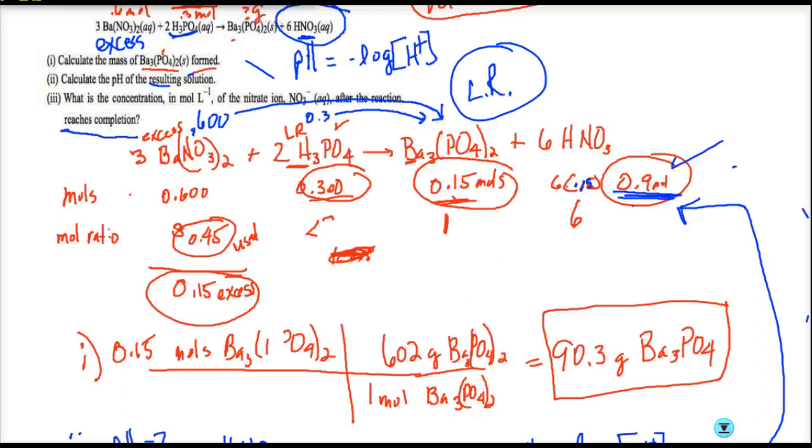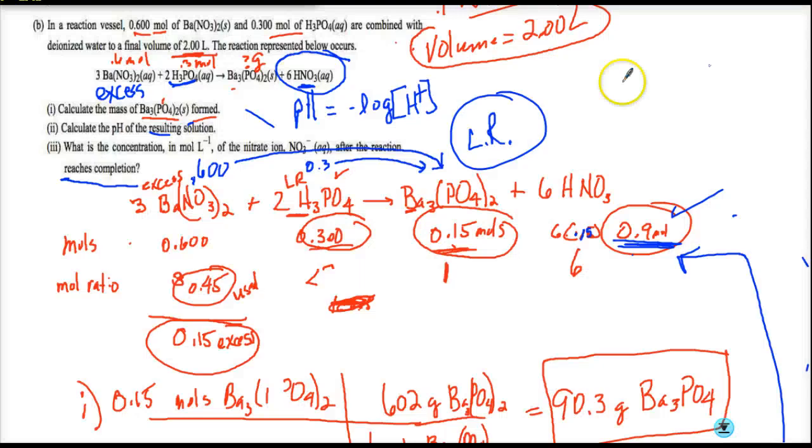Well, how much did you not use? You used 0.45 moles of the barium nitrate in your reaction. So you had 0.15 moles left over. So how many moles of nitrate ion are in the 0.15 excess in the 2 liters of solution?